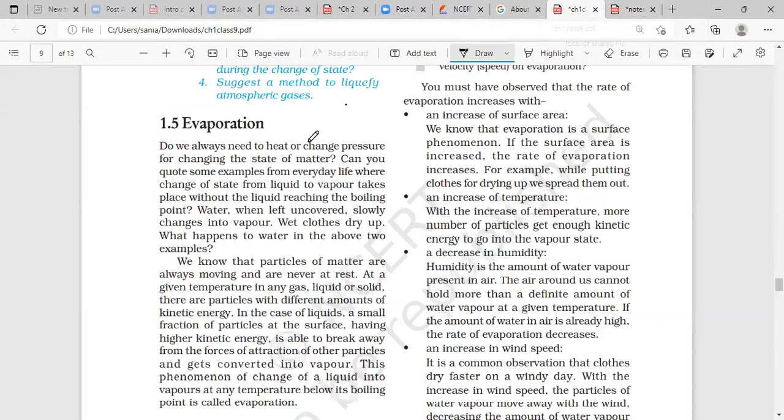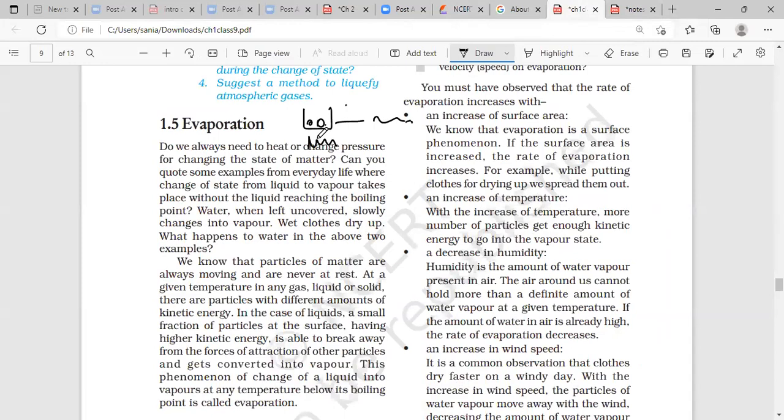The energy can either be used to increase the temperature or to convert the state. Since you are using it to convert, the temperature is not increasing. Clear?